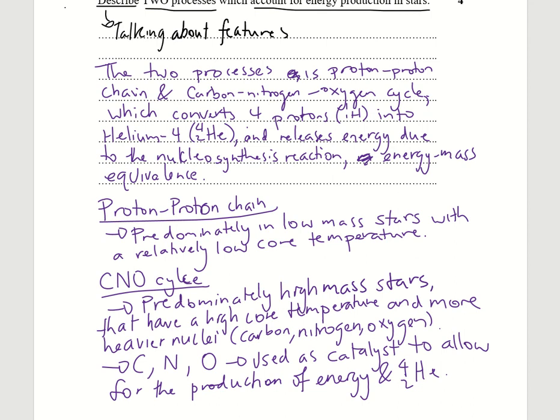It's just relying on individual collisions, a 3-step collision of protons into helium-4. Obviously there are a couple of steps we didn't dive into, but this would be sufficient to describe the two processes which account for energy production of stars.